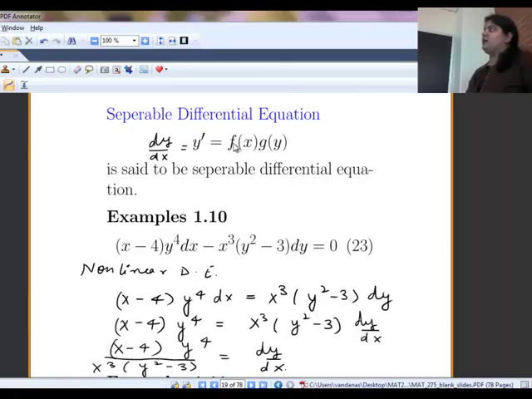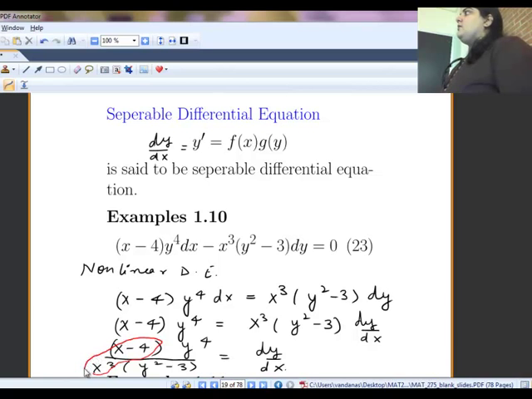I need to find out what is my f and what is my g in this expression. So what's f? Because it's a product, right?